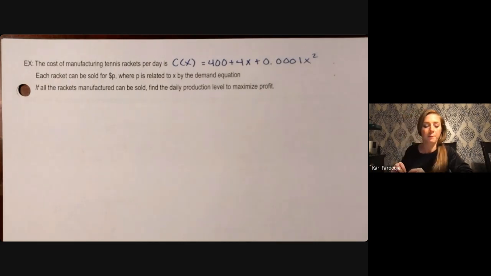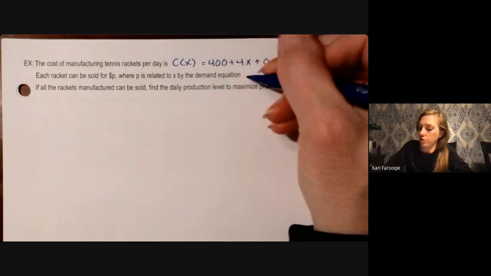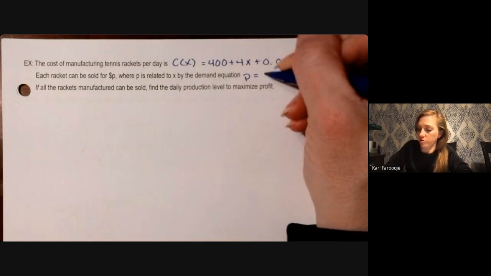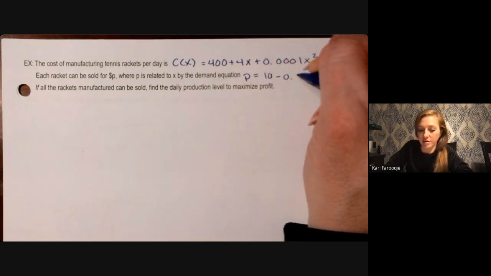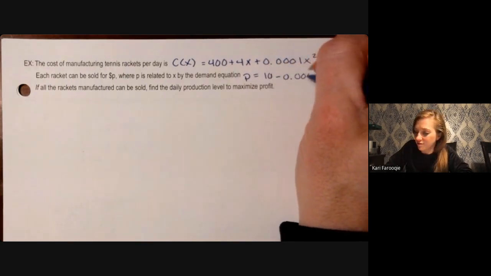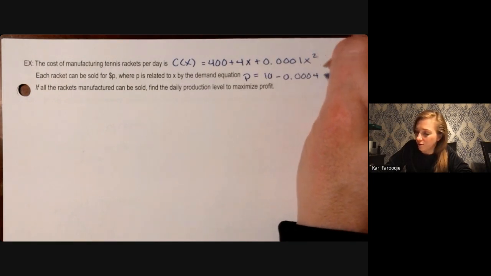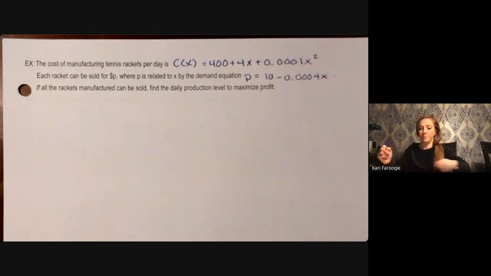0.0001 x squared. Okay. Each racket can be sold for P dollars, where P is related to x by the demand equation. I'm going to give you that also. P equals 10 minus 0.0004 x. Okay.